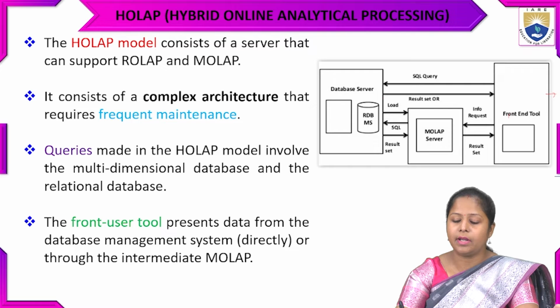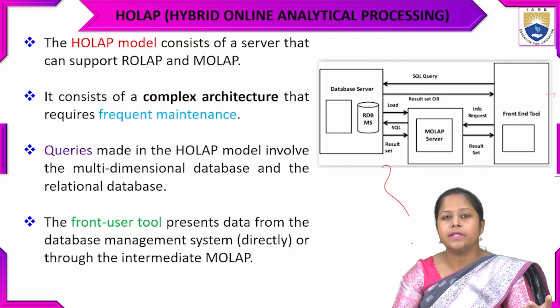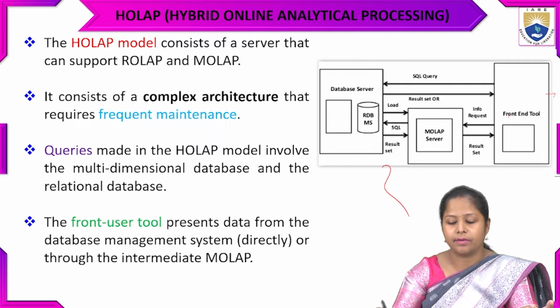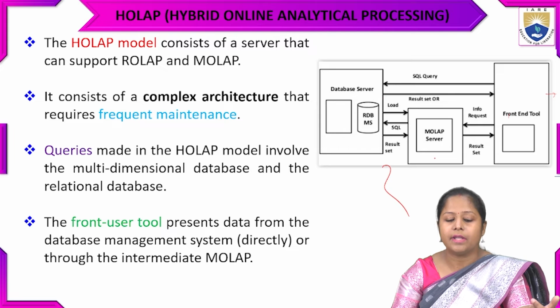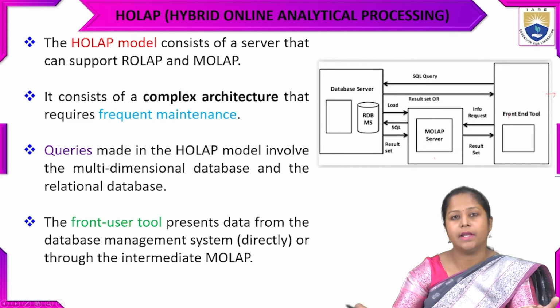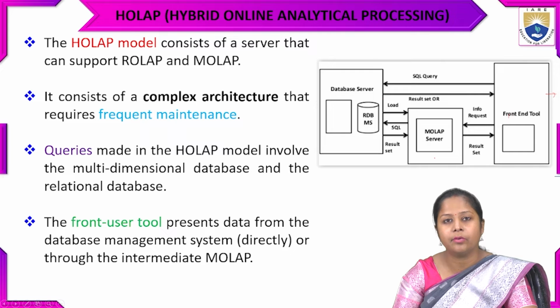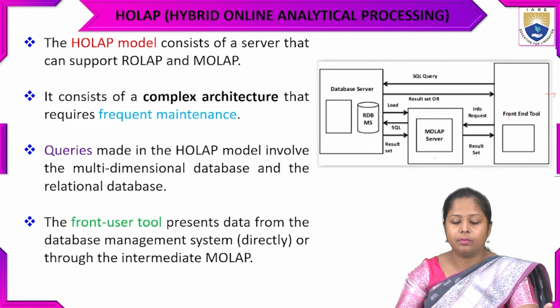Basically, the OLAP model consists of a server, as we have seen here, that can support both ROLAP and MOLAP. It was the combination of ROLAP and MOLAP, so it is going to support both of these.